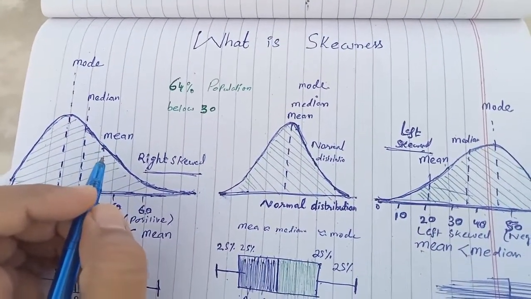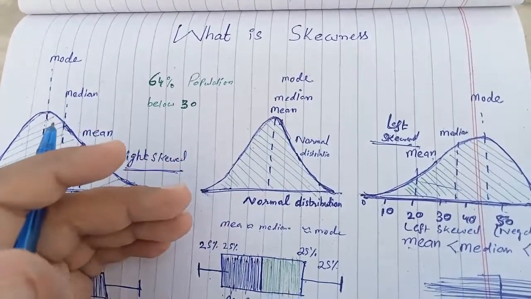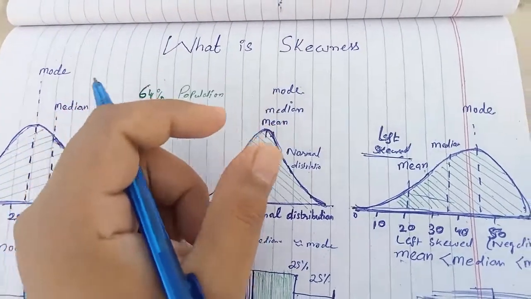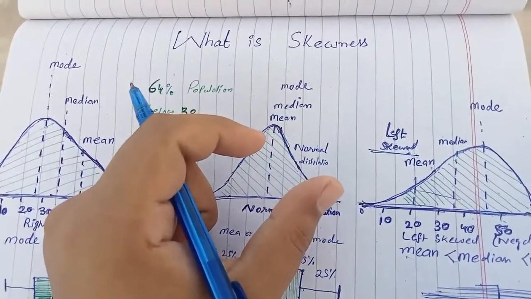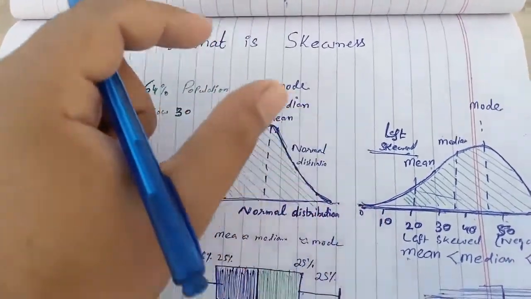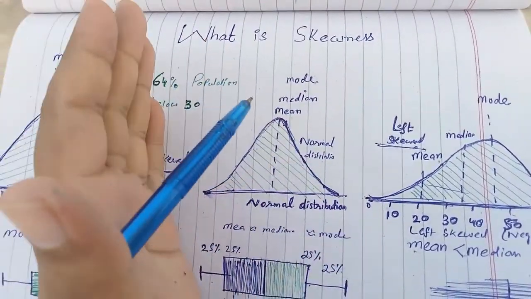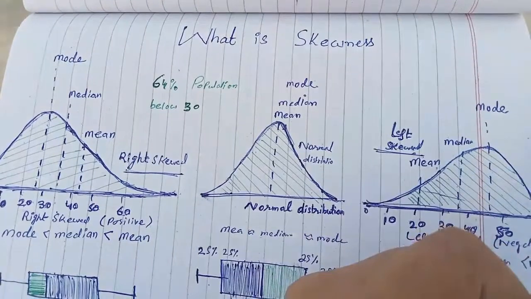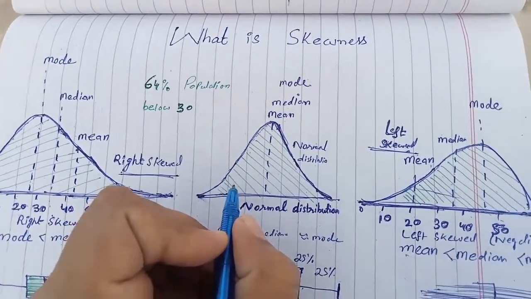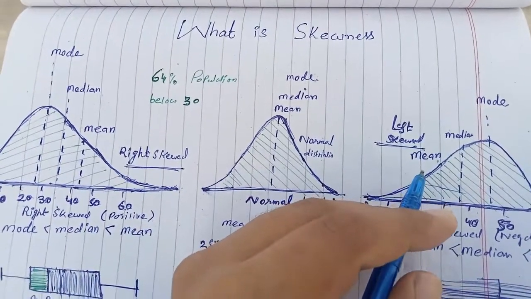Skewness basically describes, or I can say it quantifies or measures, how much probability distributions deviate from the normal distribution.